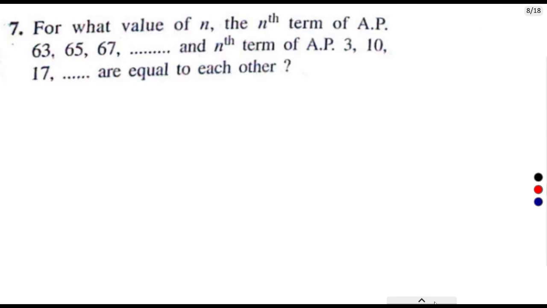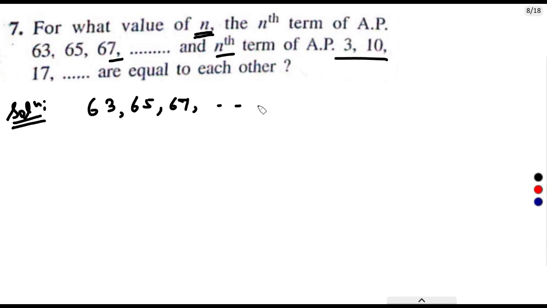Question number 7. For what value of n the nth term of this AP and nth term of this AP are equal to each other? Two arithmetic progressions are given in the question. First is 63, 65, 67 and so on. And second is 3, 10, 17 and so on.